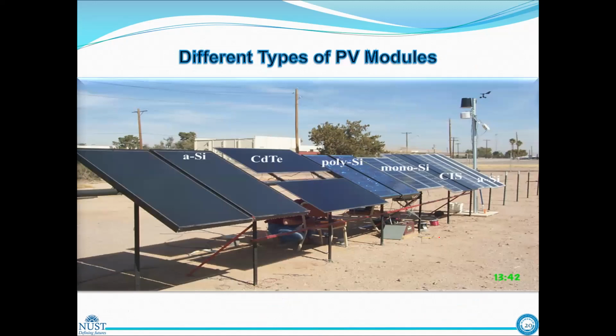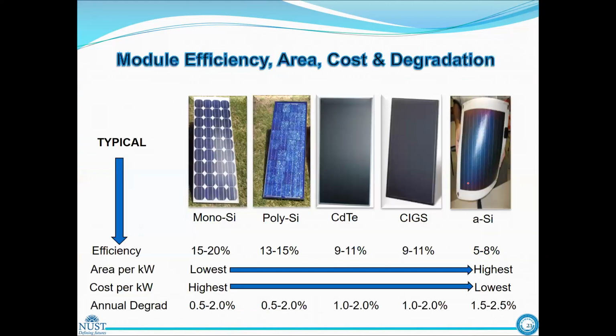Besides mono and polycrystalline silicon, we have other technologies generically known as thin films: cadmium telluride, amorphous silicon thin film technologies, copper indium selenide, or you can say copper indium gallium selenide. All these technologies are also commercial and available, but their efficiencies are not as high as monocrystalline or even poly.